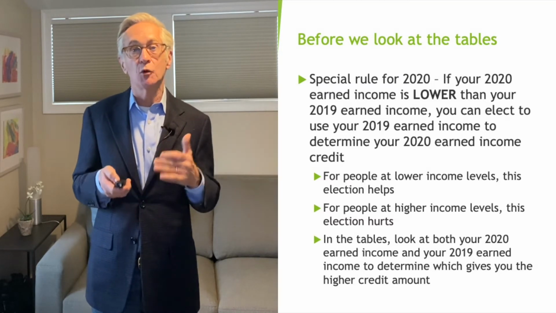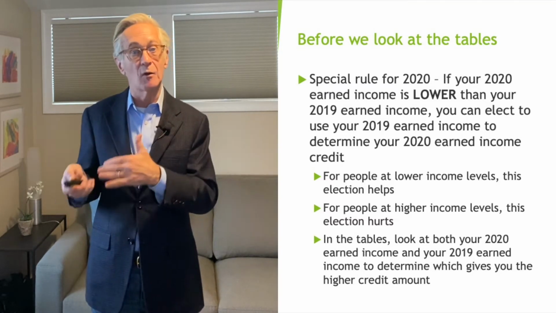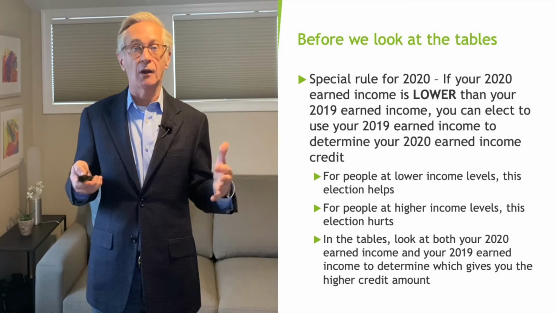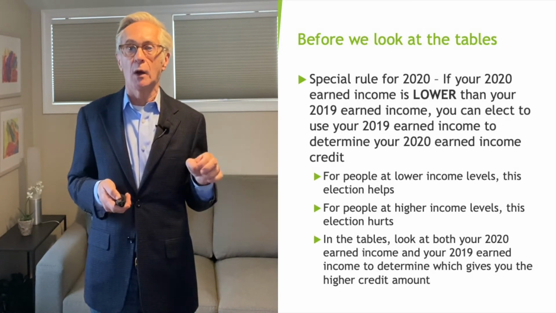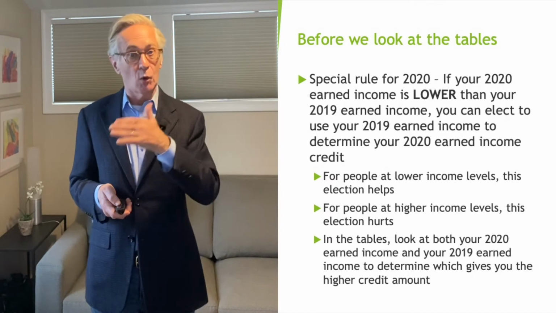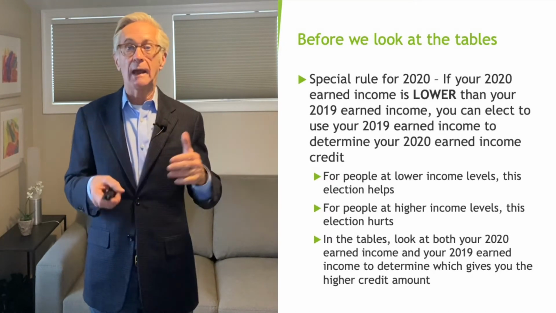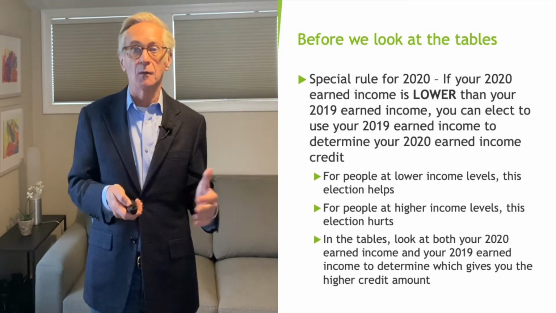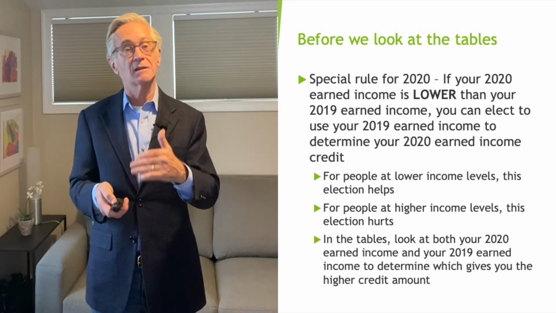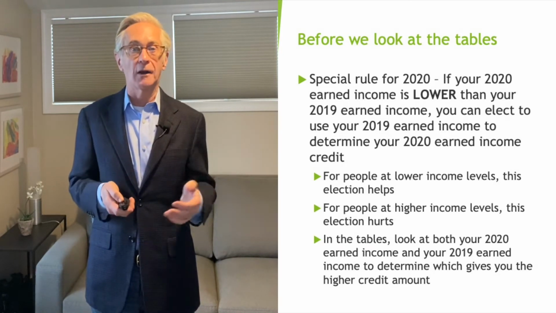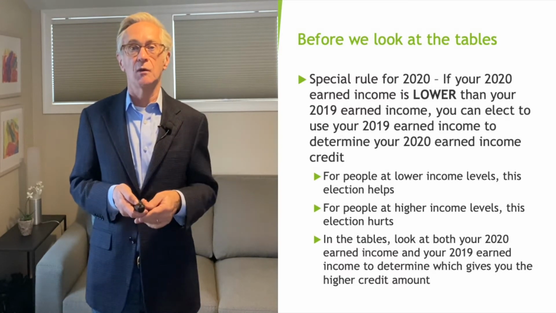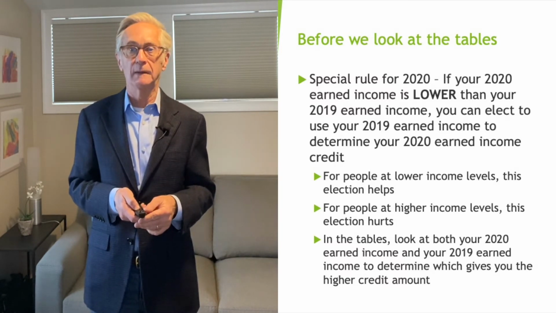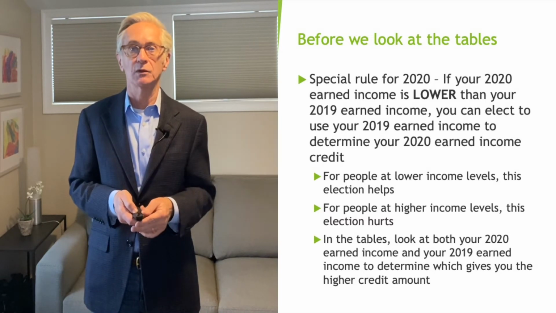So what you have to do in the tables, both in my tables I'm about to show you, as well as the IRS's much longer tables, you need to look at both your 2020 earned income and see what the earned income credit is in the table, and then your 2019 earned income and see what your earned income credit is in the table, and then just choose the higher of the two amounts. It's really as simple as that. But that's a very important election you have, very special rule for 2020. So keep that in mind as we look at the tables.